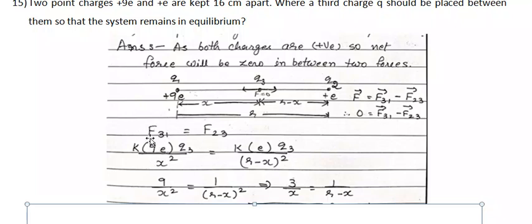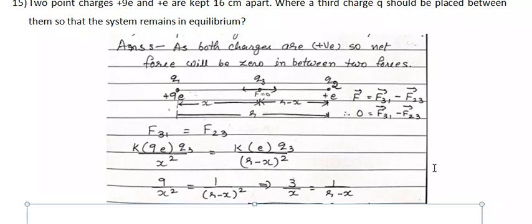As per Coulomb's law, F31 is equal to k q3 Q1 upon r square. Now the distance between 3 and 1, here you can see this is 3, this is 1, is x. While in the case of charges 2 and 3, the distance is r minus x, as Q1 and Q2 are placed r centimeter apart from each other.